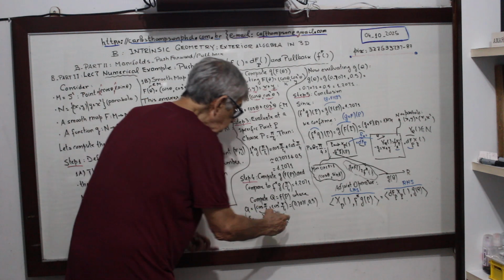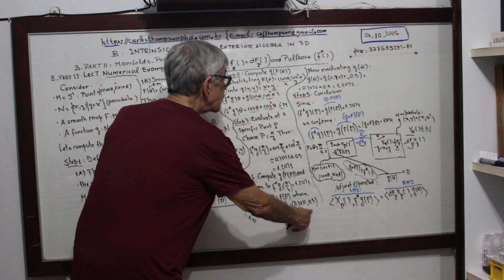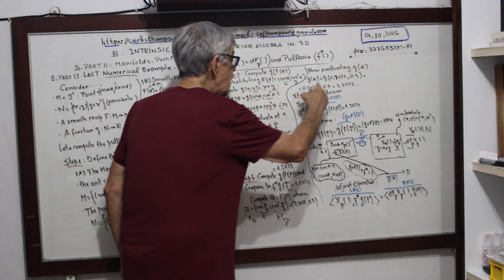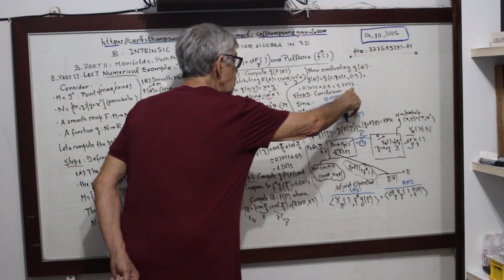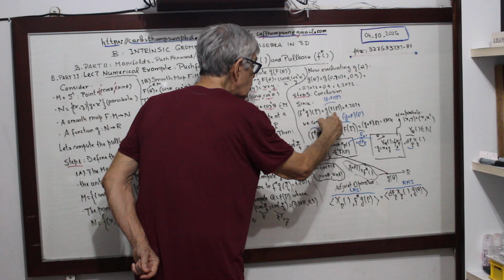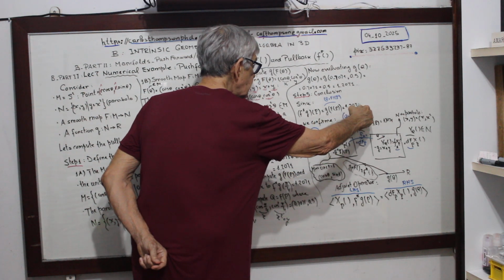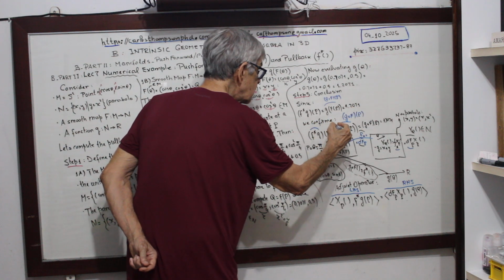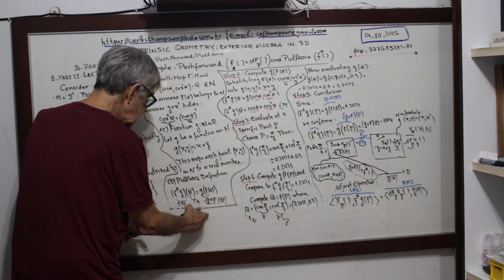So I can calculate this as 0.7071 plus 0.5, which, if I add, I will obtain the same number. Attention now, since this is equal to 1.2071, we confirm this equality over here.